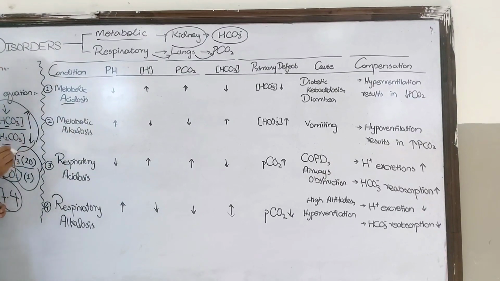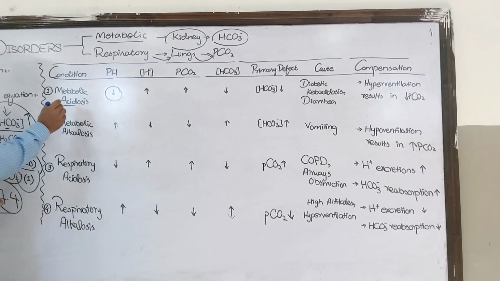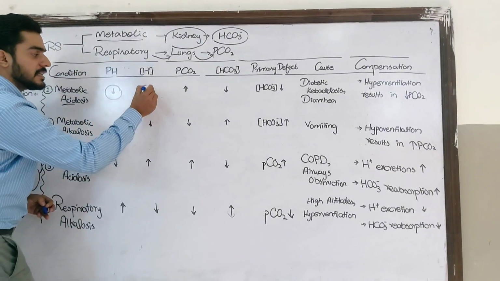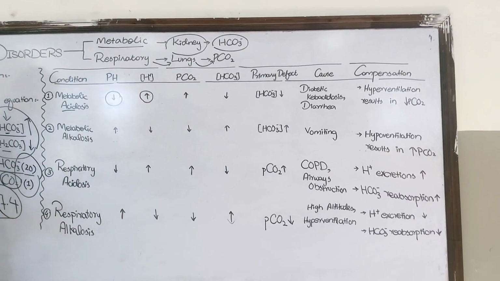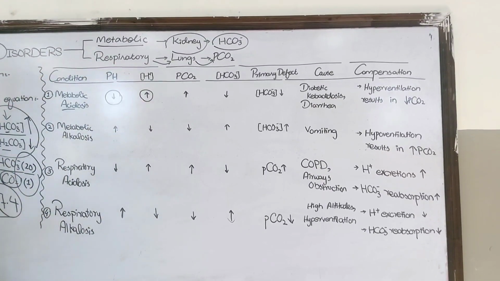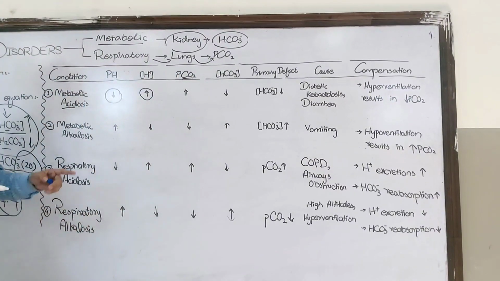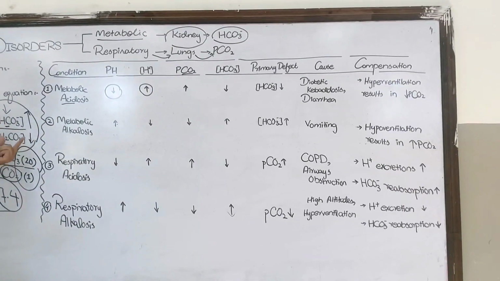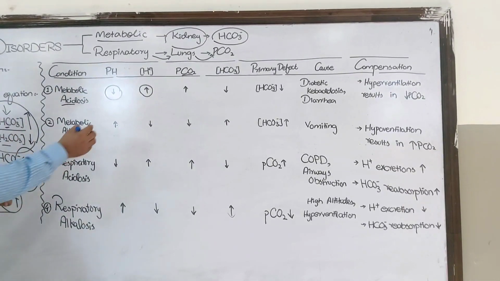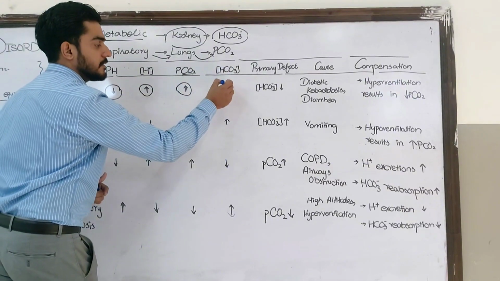As the term acidosis, that simply means decrease in the pH. Acidosis means increase in the concentration of the hydrogen ions. Two terminologies: decrease in pH, increase in the hydrogen ion concentration. Now, carbon dioxide concentration, that is basically the acidic compartment, formed by carbonic acid, increases, and the bicarbonate ion concentration decreases.